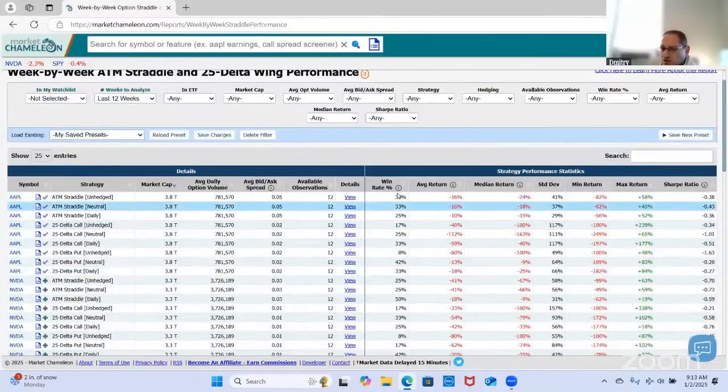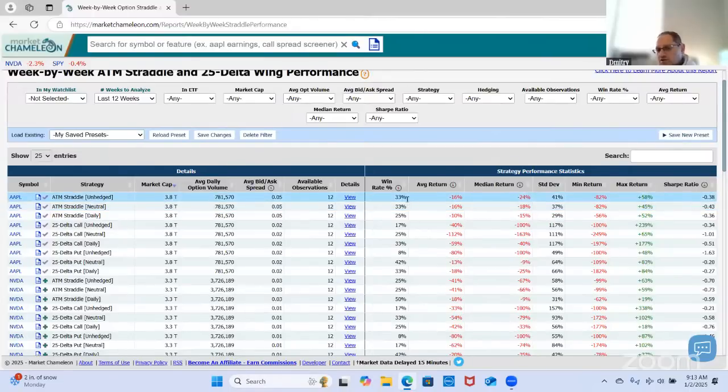Let's just review everything that is visible in this table. So what are these stats, now that we defined what we're tracking? The stats look at these straddles from the perspective of if you bought the premium, what was the premium at the end, right?